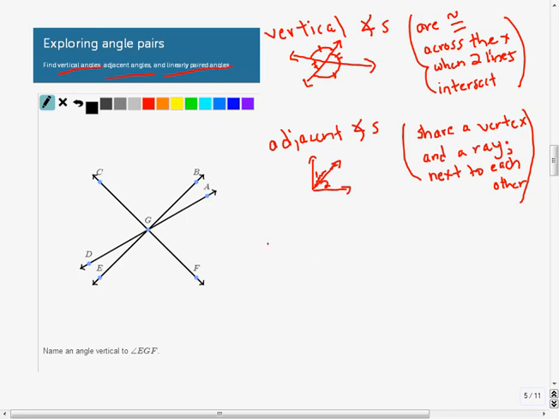Okay, and then linearly paired angles. Well, they're linearly paired. They form a line.